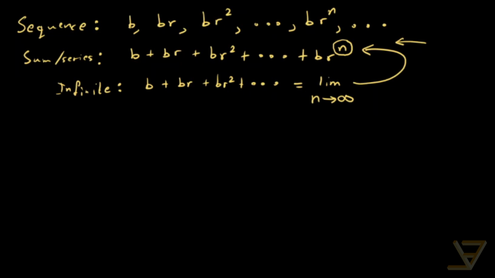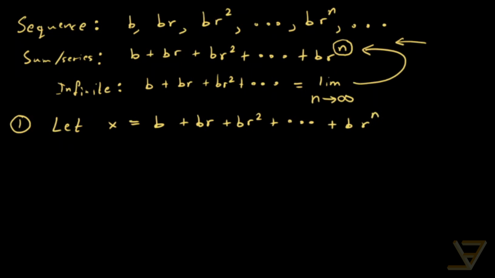Let's focus on the finite variant. What we'll do is that we'll do something like what Gauss did with an arithmetic series, but it is slightly different. First step is to let x equal b plus br plus br squared all the way through to br to the n.